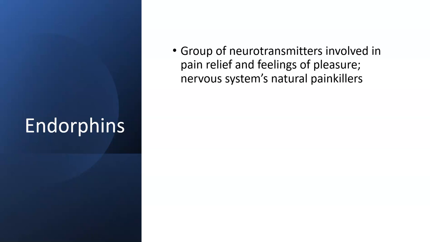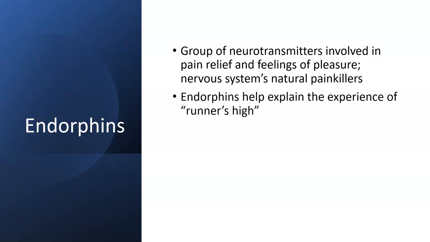So they can sometimes be broadly described as the nervous system's painkillers, and they have some similar, although milder and not addictive, effects as the opiate medications that we've heard so much about in recent years.